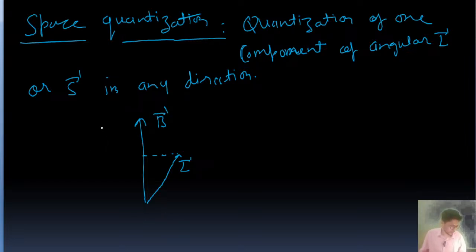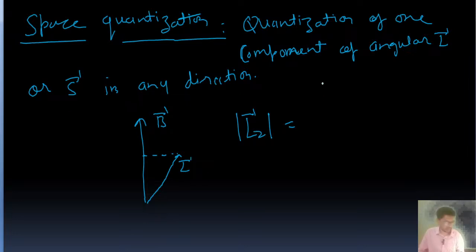Here we know angular momentum L, Lz along Z direction. Along Z direction there is B vector as well. Magnetic field direction is also along Z direction, and now we will find this L component along Z direction.